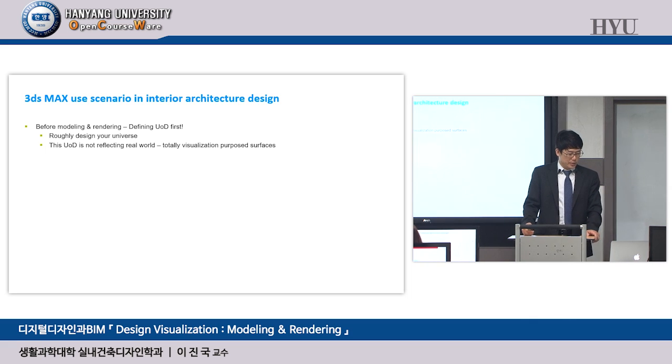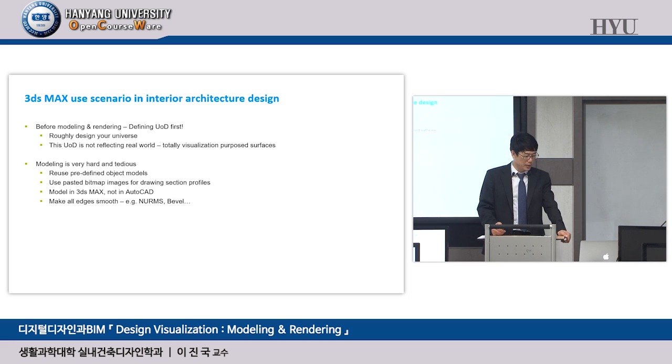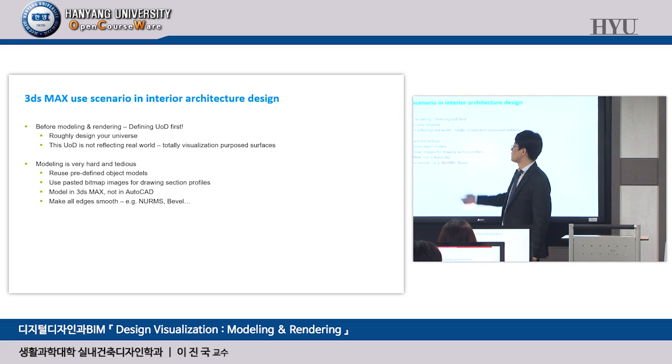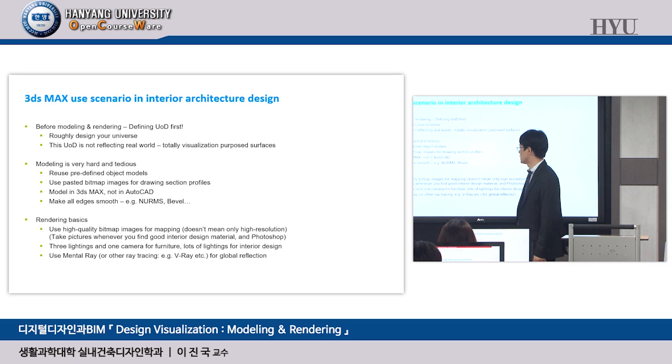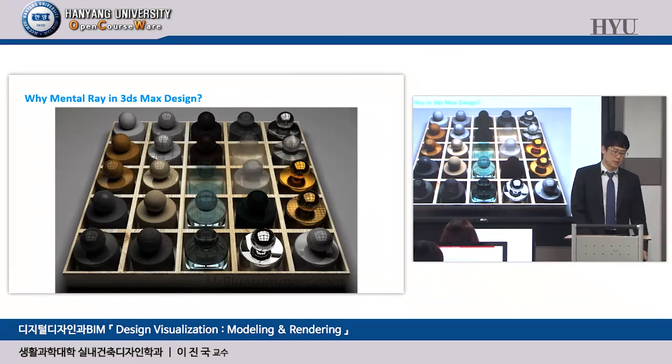For interior architecture design, I listed more of a user scenario. Okay, defining UOD. Modeling is hard and tedious, so that's why we need to reuse some given geometry or existing geometry, some basics about rendering, and something about retouch.